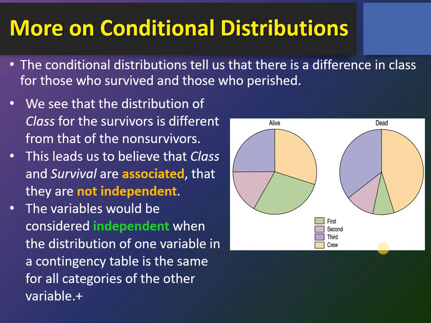If all of your groups are within 2% of each other, you should be okay. But I say all of the groups because I can have 3 groups within 2% of each other, and then the last group is off by 6%. Do you understand how those kind of balance out? So if everything is within about 2% of each other, we get to say that they are independent. Otherwise, we say they are not independent.